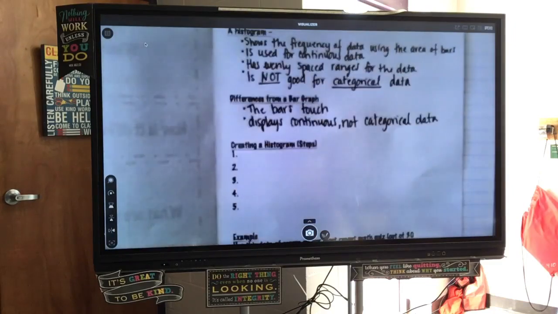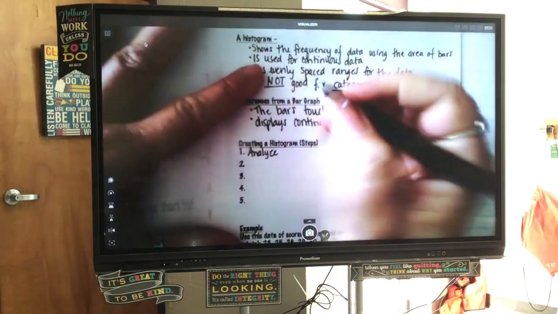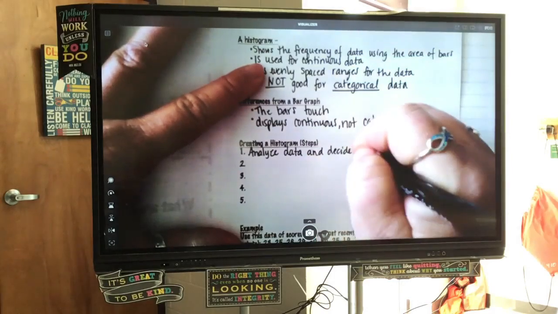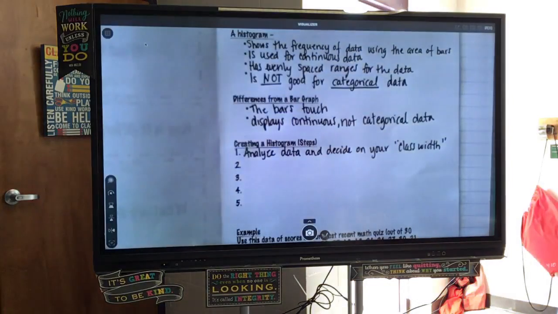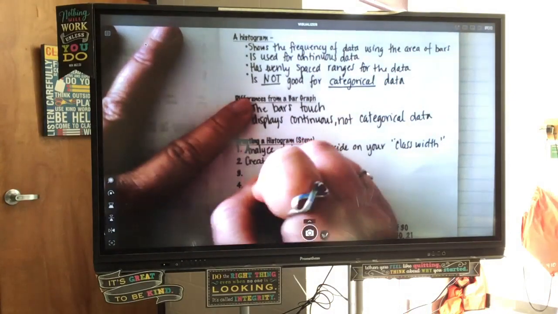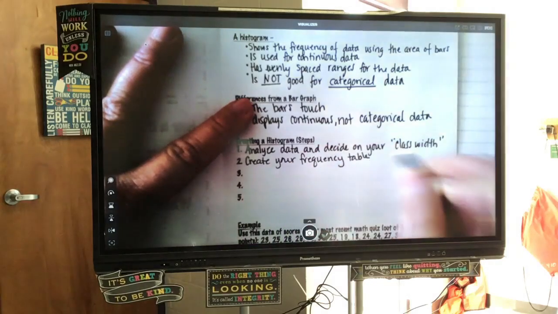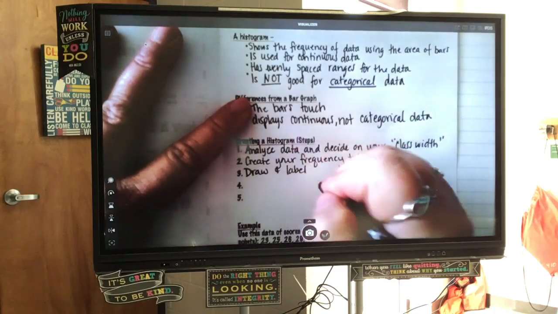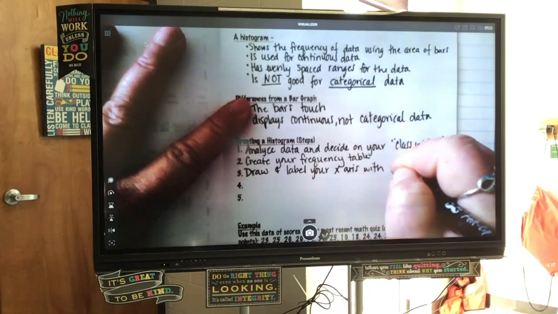Alright, the steps to creating a histogram: you're going to analyze data and decide on your class width. What that means is you're going to decide what the width of each one of your bars is going to be. Class is another word for bars. Step 2, you're going to create your frequency table. Step number 3, draw and label your x-axis with class widths.